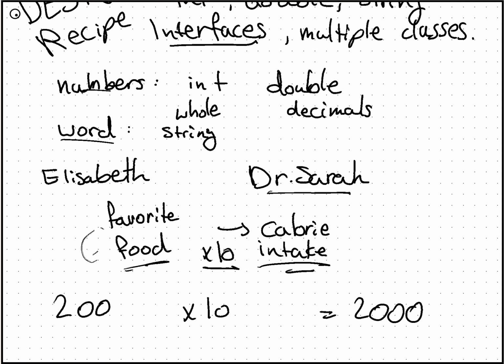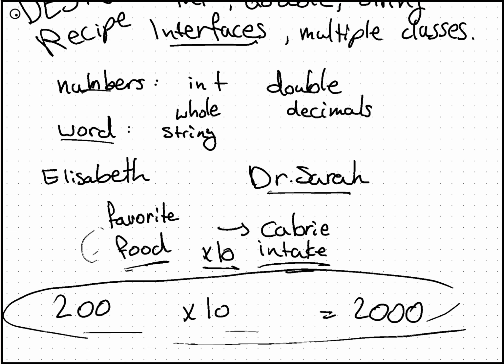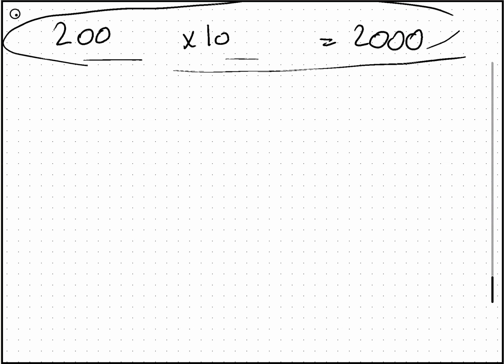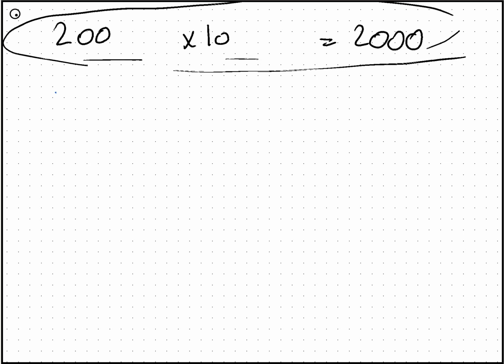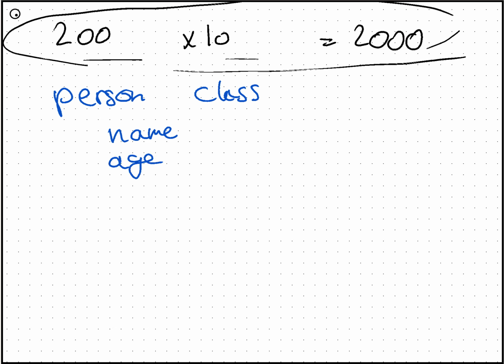Excellent. So we want our software to be able to compute and represent this. Before, if you remember, we had a person class, which had a name, age, weight, and height.